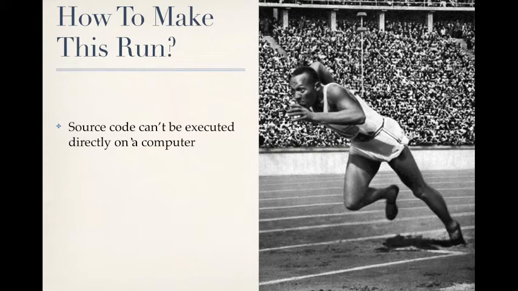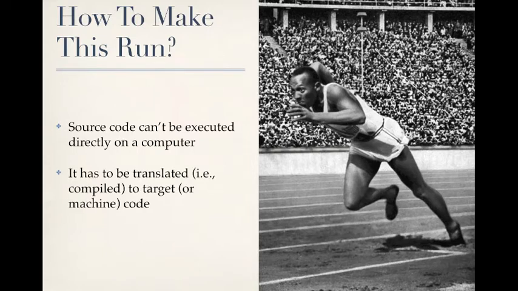We need some translation. At the beginning we simply called it compiling. It's more of a build process, but okay, we'll see this later on in this video. Anyway, we have to translate the source code into target code or machine code.